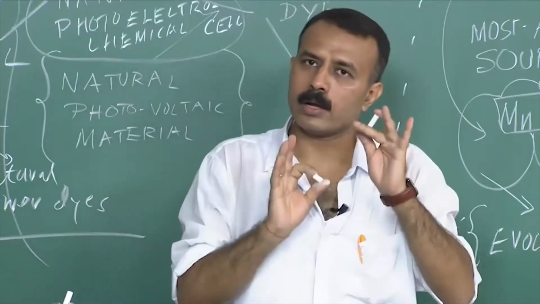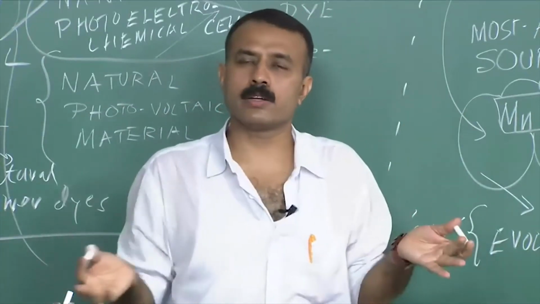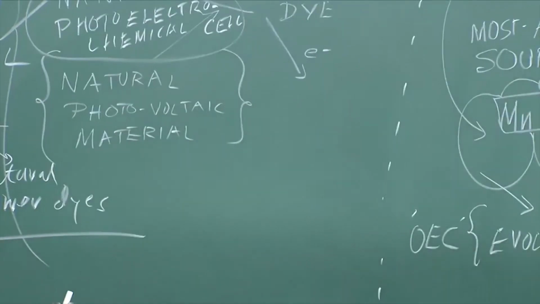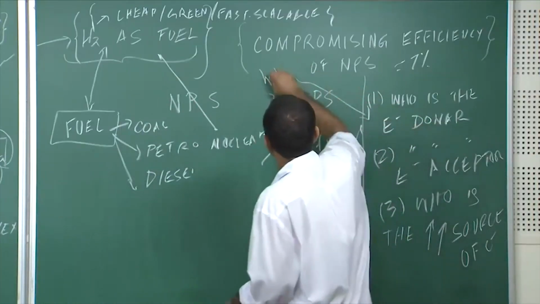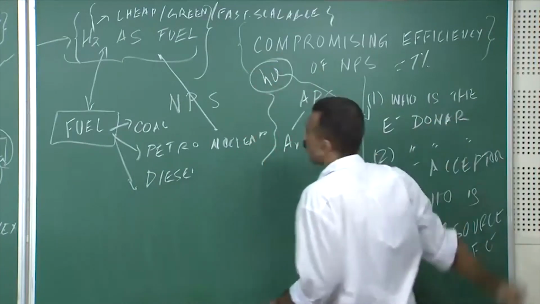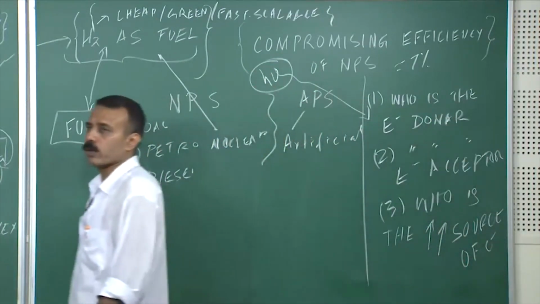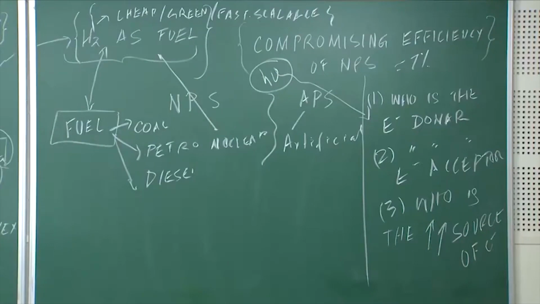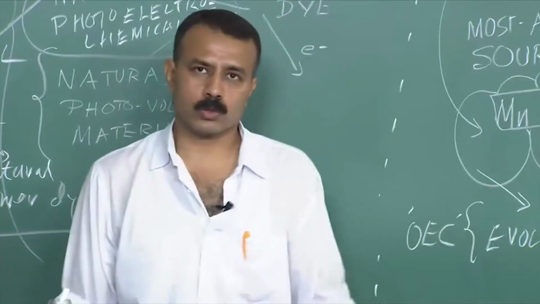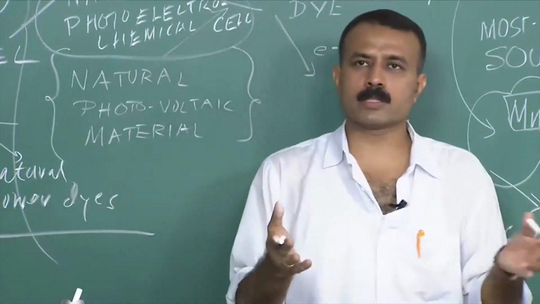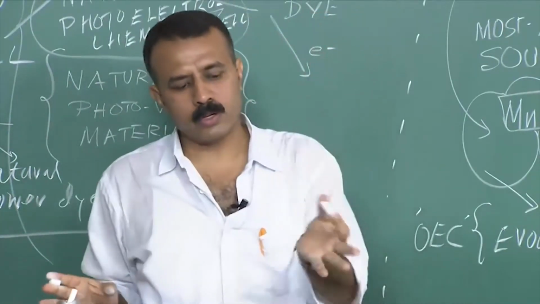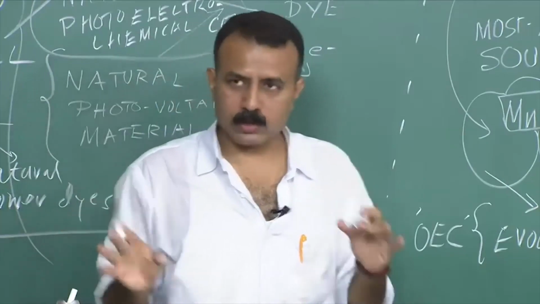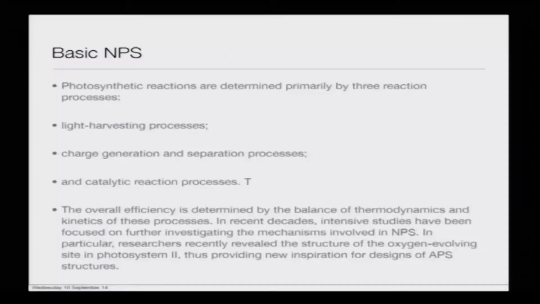So, you need light harvesting, because light energy is needed. Who is the donor of electron? We are talking about what energy will help you eject the electron. If we know the donor, then that donor needs an energy. This energy is provided by the sun, and it is funneled through the antenna pigments to the light harvesting process.